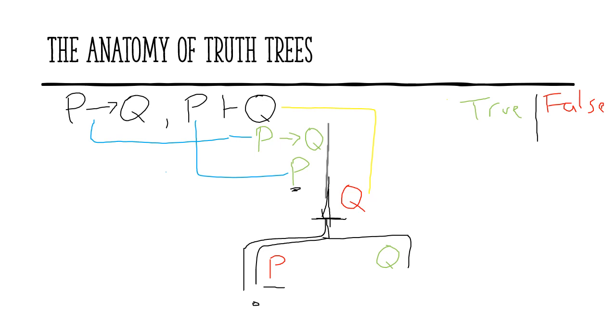What this branch is saying is that P is true and P is false. That can't be the case. Something can't be both true and false. So, what we do when we find a contradiction, when we find something that's both on the left side and the right side, we put an X there, saying that we closed off the branch.